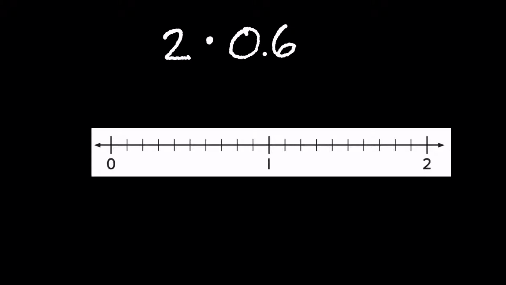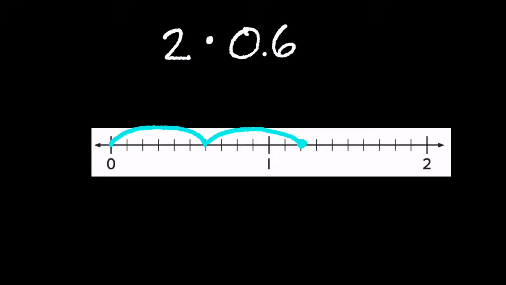So, starting at the 0, our first group, if we just want to show one group of 6/10, we would go all the way to there, because we've gone past 1, 2, 3, 4, 5, 6 of our tenths. So this is 6/10 right here. We need a second group though. So look what happens when we put in that second group. We go all the way over here, and we end up right here.